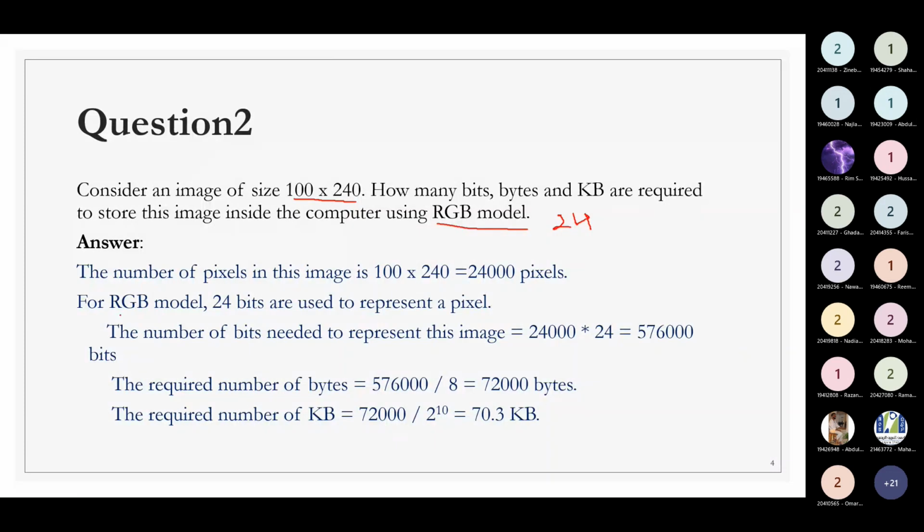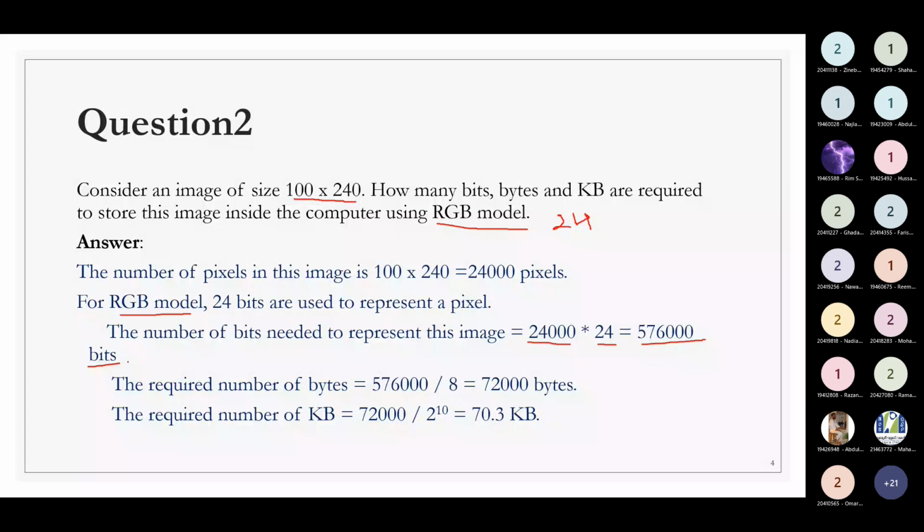So the total number of bits needed to represent this image will be equal to the total number of pixels multiplied by 24. This is the total number of bits. To convert this number from bits to bytes, we need to divide by 8. To convert from bytes to kilobytes, we need to divide by 2 power 10.